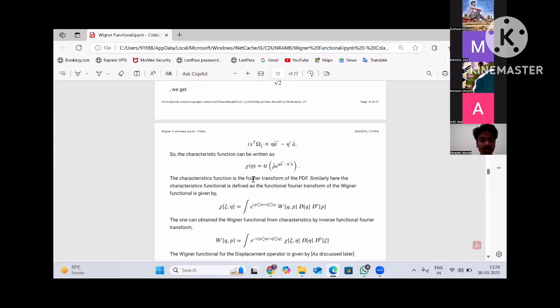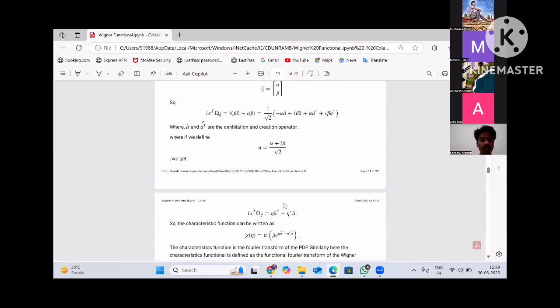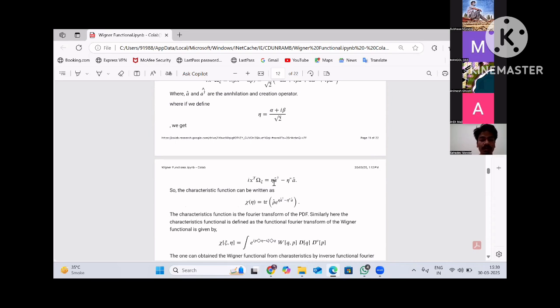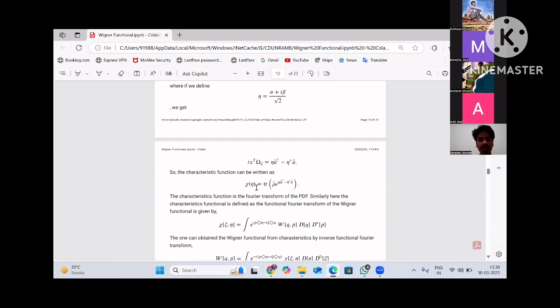The characteristic function can be written as this. You simplify this and write it in terms of a cap and a cap dagger, and then the characteristic function can be written as the trace of this thing.